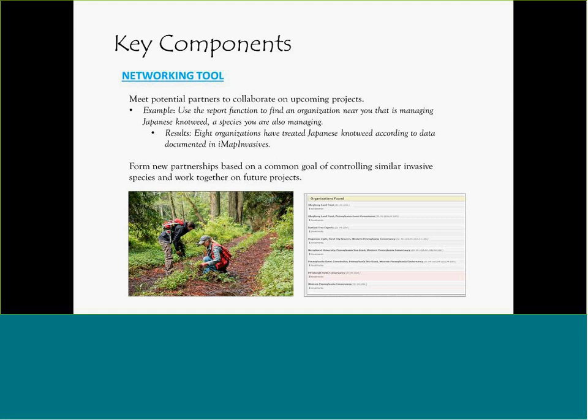After creating that report, the results that show up indicate that, according to the data we have, there are 8 other organizations that are also treating or have treated Japanese knotweed. So that's something that's important to you. If you want to have a better understanding of who is treating what, this is a way to get at that information, with the goal of forming a new partnership with somebody else.